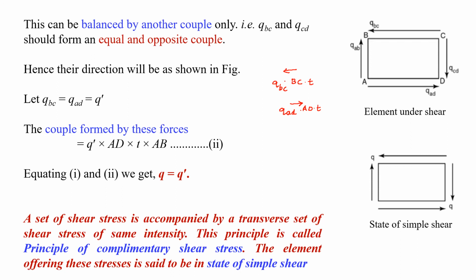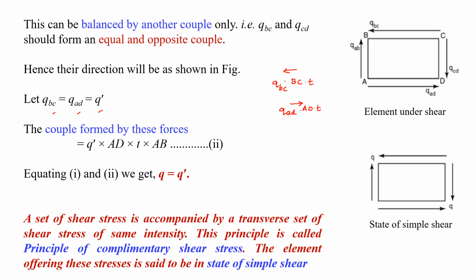For equilibrium, these two should be equal. Then QBC into BC into T should be equal to QAD into AD into T. And we know that BC is equal to AD. From this we can reach the conclusion that QBC is equal to QAD, and let this be equal to Q dash.